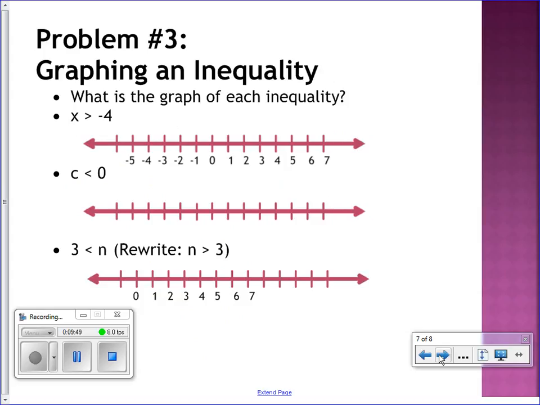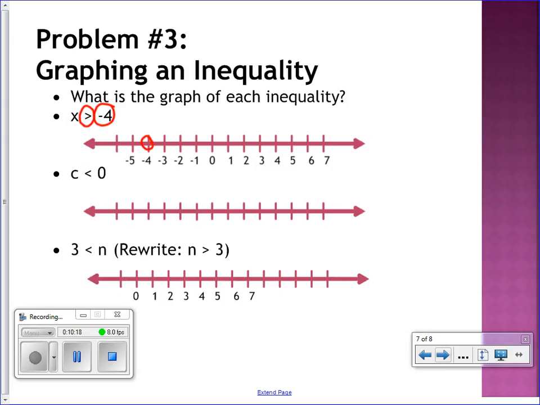Okay, problem 3, you're going to be asked to graph some inequalities. So our first one that we're going to graph is x is greater than -4. All right, first of all, looking at my number, -4, I know that I'm going to start right here. I am making my circle open because of the symbol greater than.